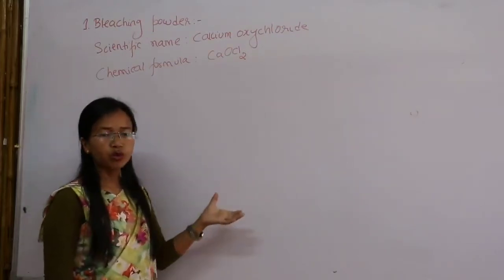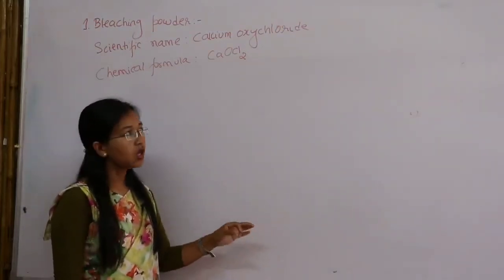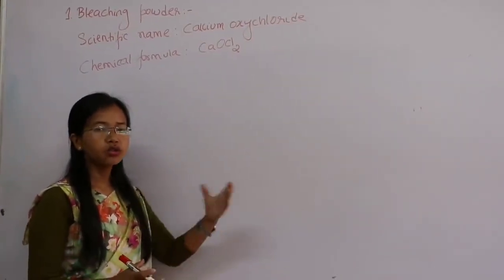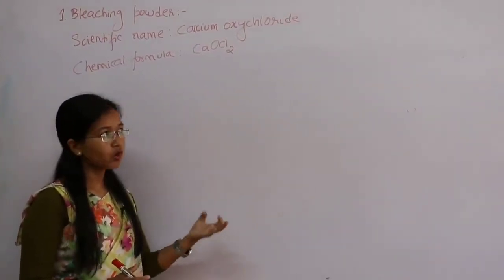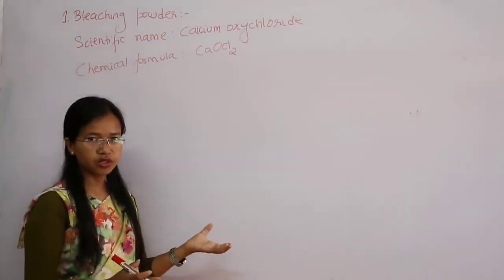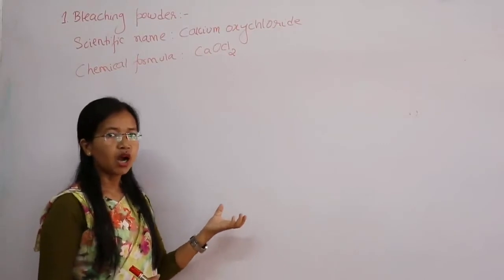So how is this bleaching powder produced? We know bleaching powder contains chlorine, right? So bleaching powder is produced by passing chlorine gas into slaked lime. What is the chemical formula of slaked lime? It is Ca(OH)2 or calcium hydroxide.